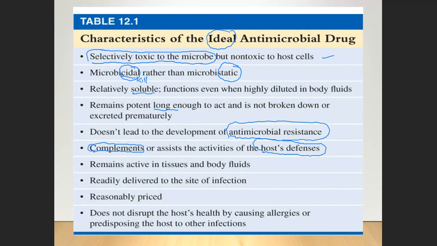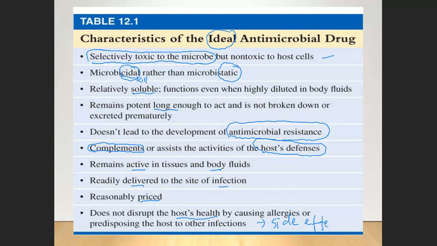drugs that are being used. Remain active in the body tissue and the fluid, readily delivered to the site of infection, reasonably priced, and does not disturb the host health by causing allergy or what we call side effects.